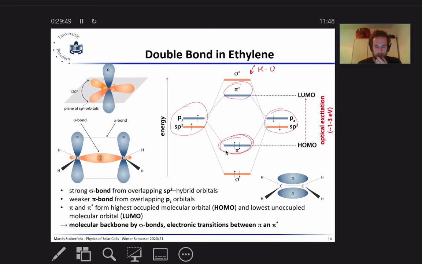In this case, we bring two atomic orbitals together on this side, and two atomic orbitals together, and they split into four molecular orbitals, as shown here. The p orbitals split into bonding pi orbitals and anti-bonding pi orbitals, just as the sigma bonds split into bonding and anti-bonding orbitals.